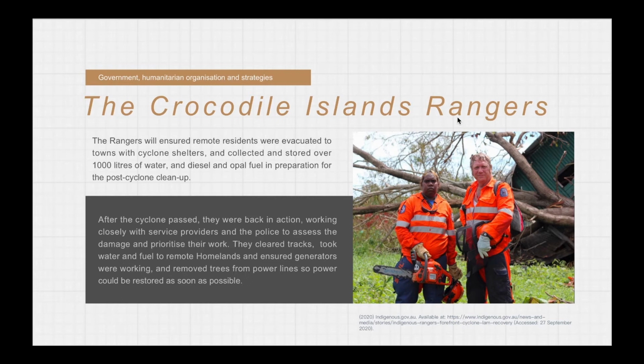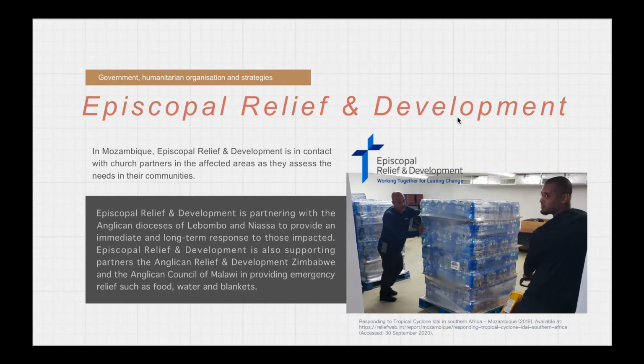They cleaned up, took water and fuel to remote homelands, ensured generators were working, and removed trees from power lines so power could be restored as soon as possible.